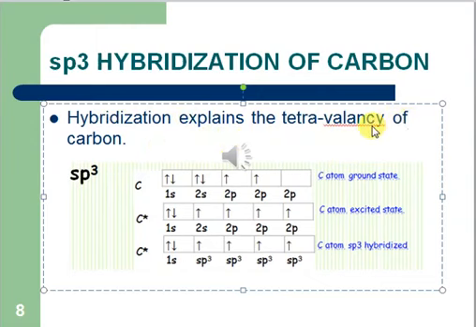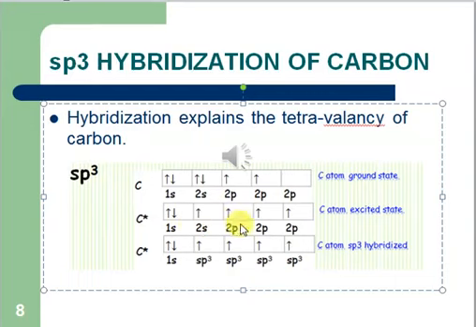In order to explain this experimental evidence, that carbon has all bonds identical and at an angle of 109.5 degrees, we use the concept of hybridization. Firstly, the carbon goes into the excited state.